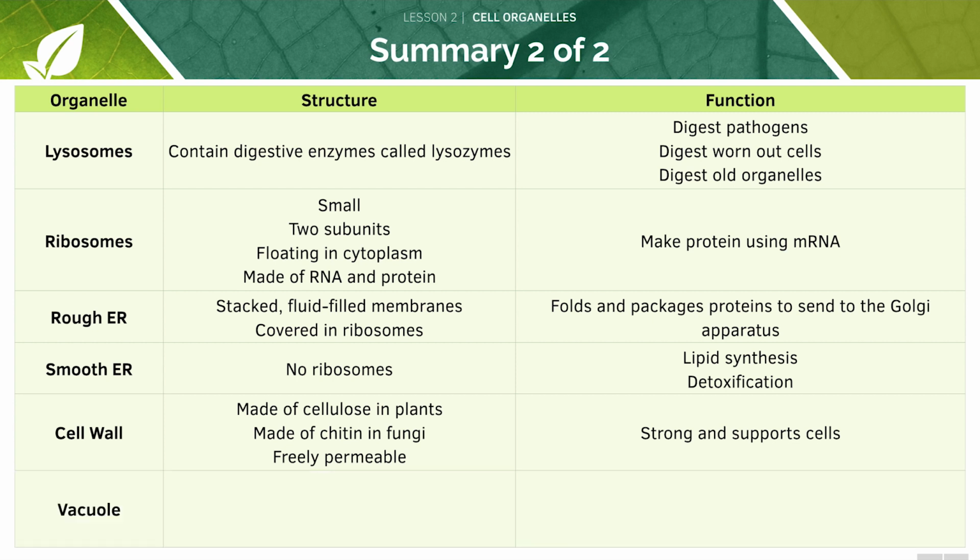Finally, we'll look at a vacuole. A vacuole was made up of cell sap and a tonoplast. It was used to maintain pressure and to store salts and sugars.